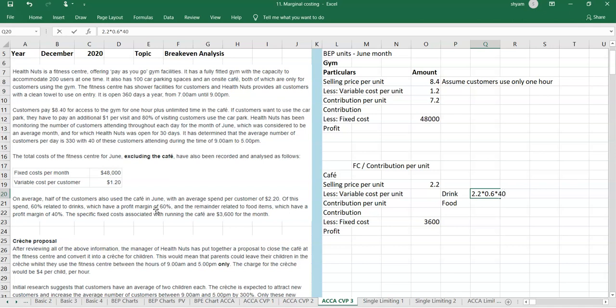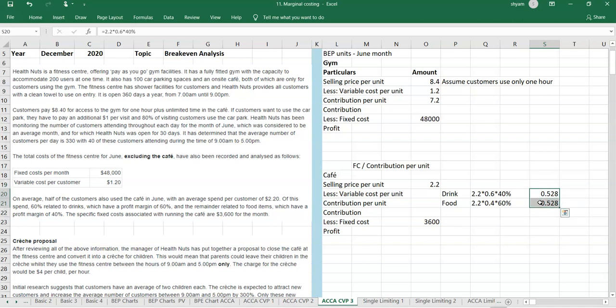The same thing we'll do for food. 40% of the amount is spent on the food item, and food items have a margin of 40%, so the variable cost should be 60%. We'll solve both, and both of these put together is the variable cost.